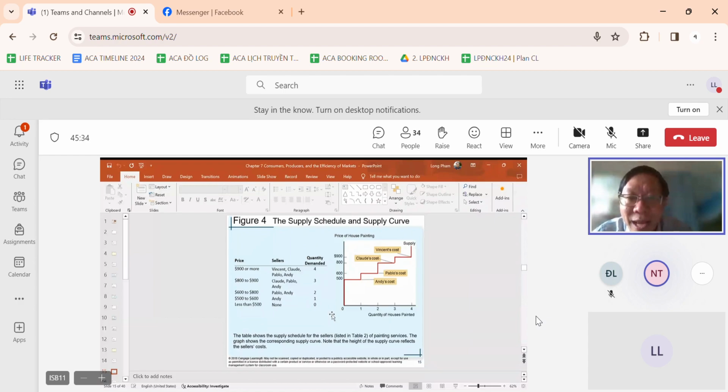Among the four sellers, which one is the most effective producer? Which one is the most effective in producing? In my opinion, Andy, because Andy has the lowest cost. Yes, good.